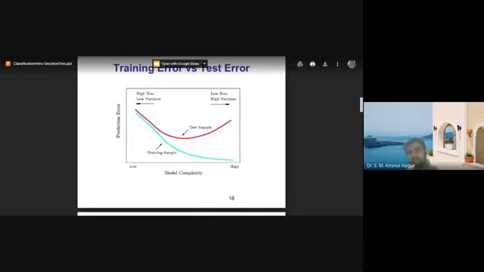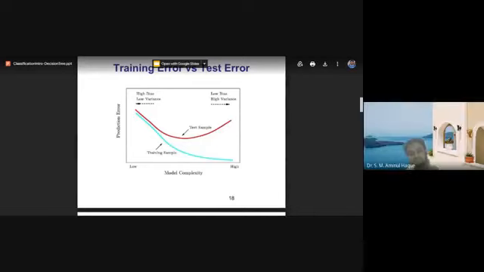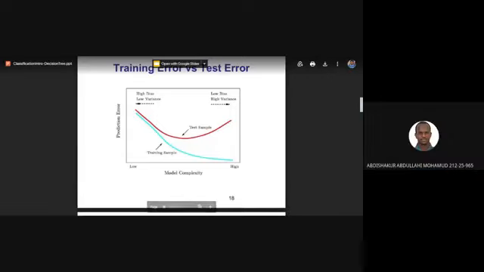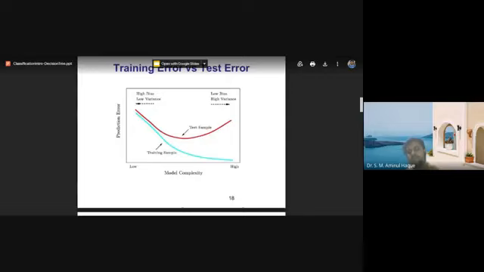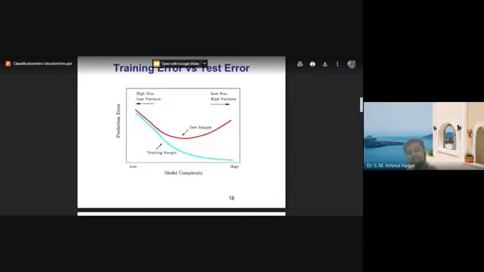When the model complexity is high, it has overfitted the data. When the model complexity is low, it is underfitting. High means overfitting, right? You got it, Abdullah?